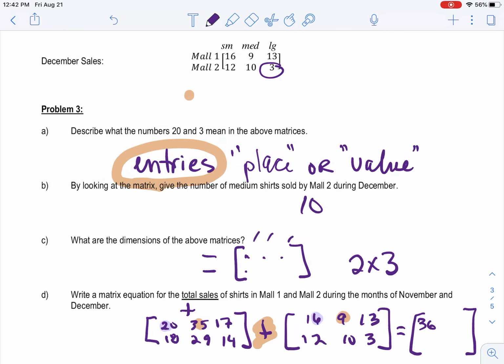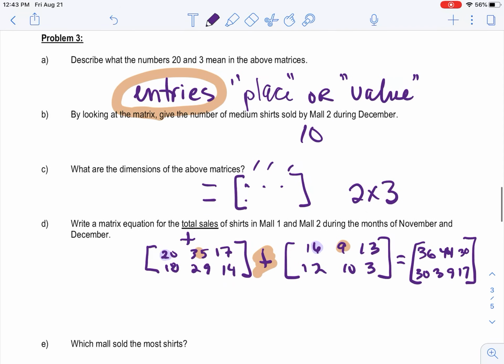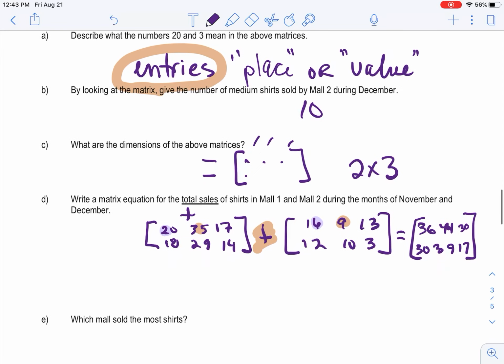Okay, so now we have 44. And then we have 30. And then we have 30 again, and 39, and 17. Okay, so hopefully that part goes well.